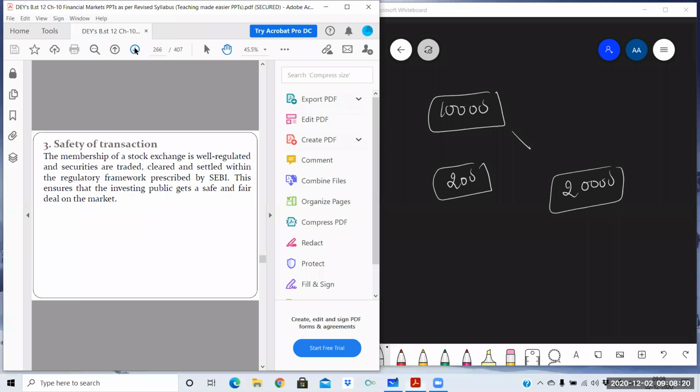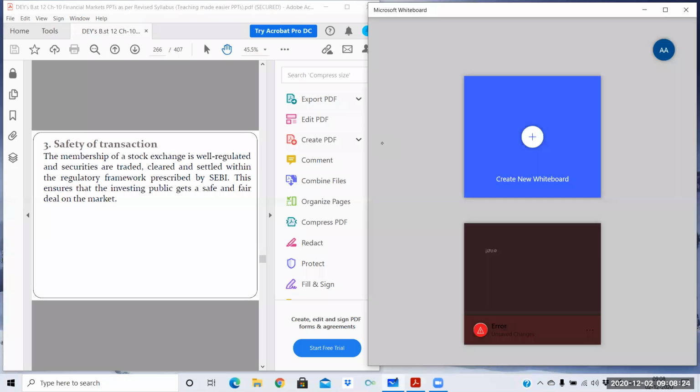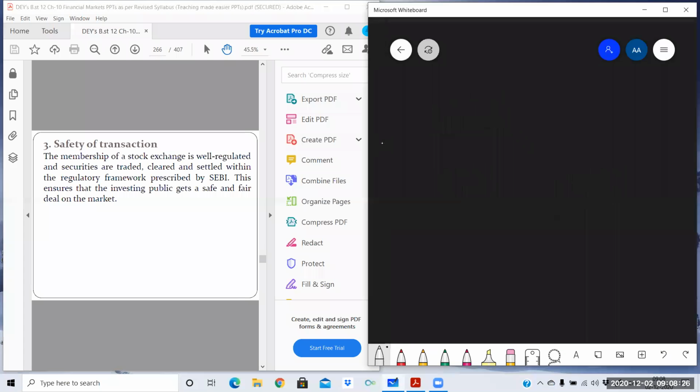So the third function is safety of the transaction. How are the transactions done in the stock market safe? As I told you, mostly all the stock exchanges are regulated by SEBI, the Securities Exchange Board of India.